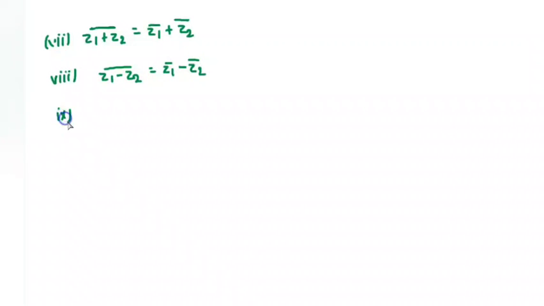(z1 + z2) bar will be equal to z1 bar + z2 bar. Now this can be easily understood by taking any example. Similarly, we have (z1 - z2) whole bar is equal to z1 bar - z2 bar.